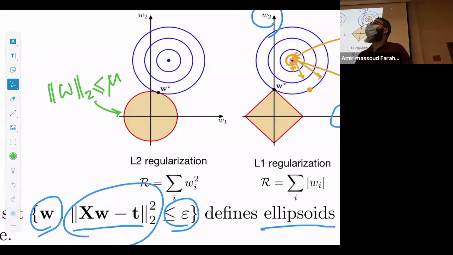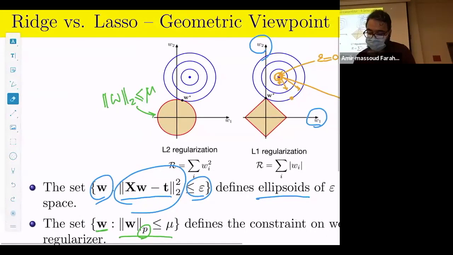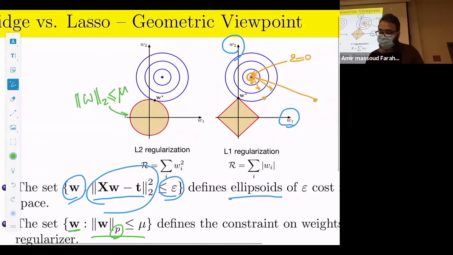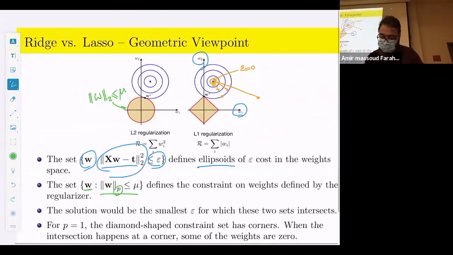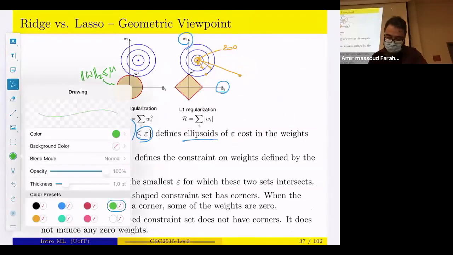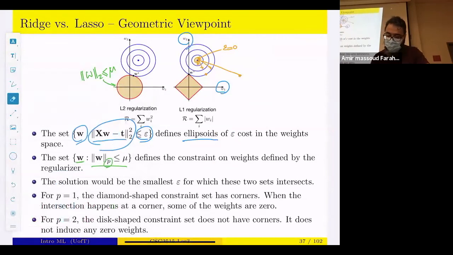I don't understand what the blue or purple circle, the dots and the vector are. The blue circles, you mean? That would be the set of all the weights for which the error of xw minus t is smaller than some epsilon.